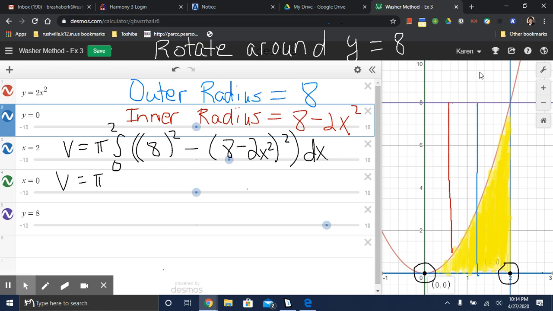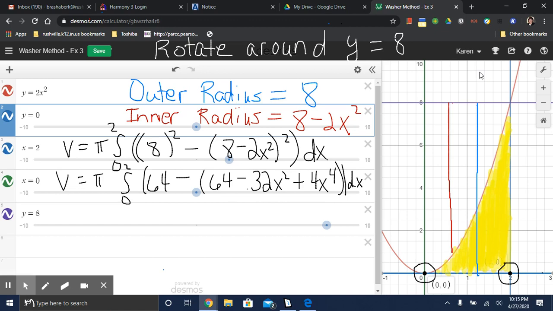We'll simplify. So volume equals pi times the integral from 0 to 2 of 8 squared, which is 64, minus, and then we have a binomial that we'll have to square. So 64 minus 32x squared plus 4x to the fourth. And then we can combine some like terms, distribute the minus sign.